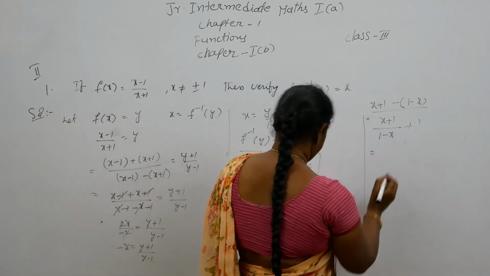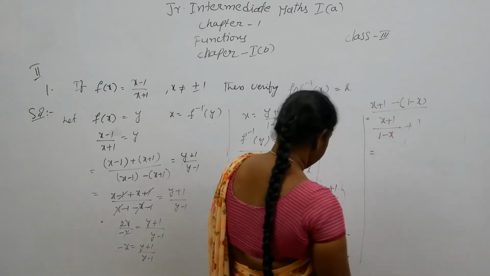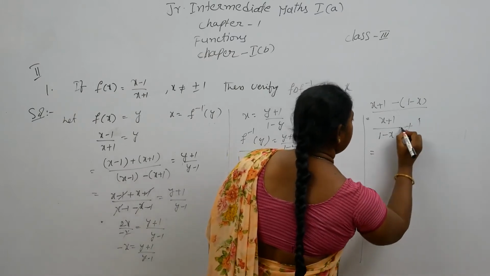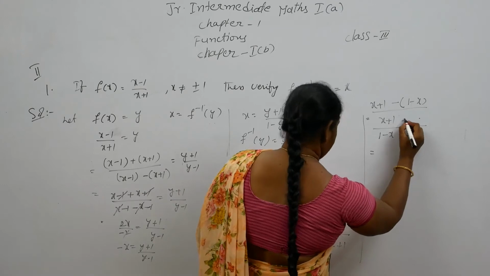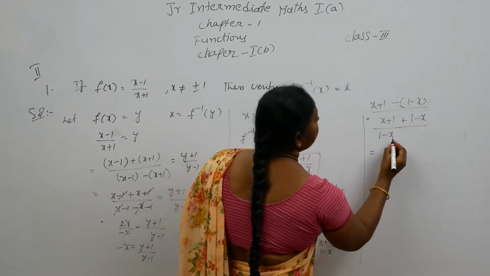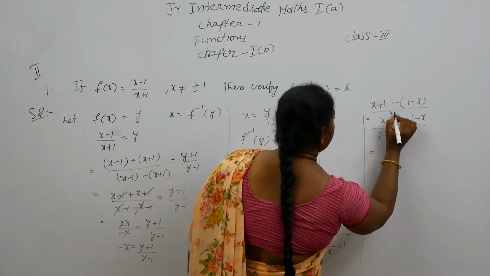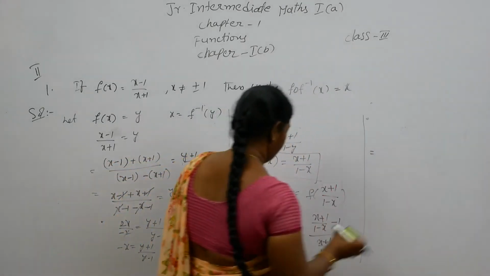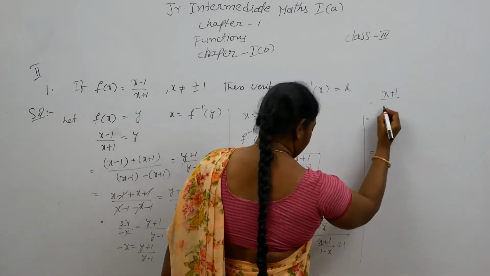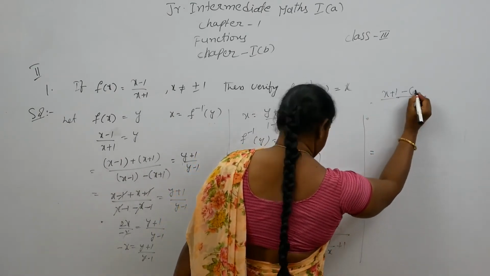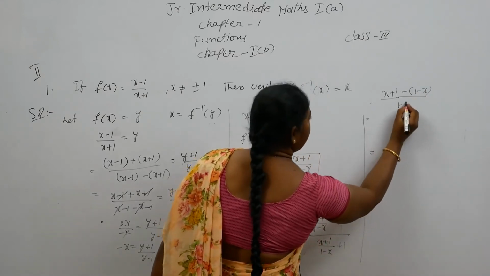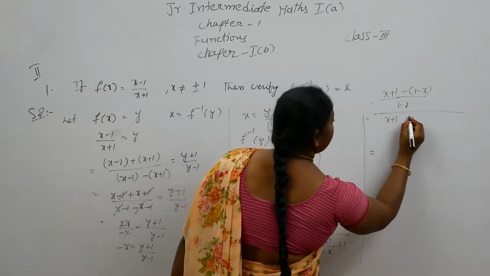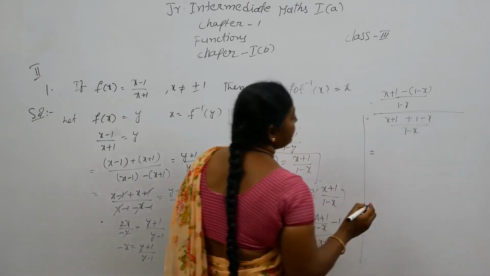So here taking LCM by plus 1 minus x, that equals, here numerator, x plus 1 by, minus of 1 minus x by 1 minus x by, x plus 1 plus 1 minus x by 1 minus x.